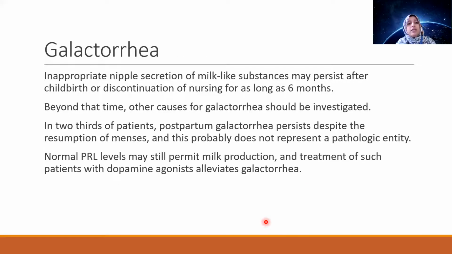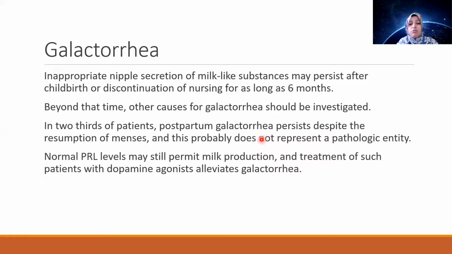So for galactorrhea, inappropriate nipple secretion of milk-like substances may persist after childbirth or discontinuation of nursing for as long as 6 months. But beyond that time, other causes of galactorrhea should be investigated. In 2/3 of patients, postpartum galactorrhea persists despite the resumption of menses, and this probably does not represent a pathologic entity.